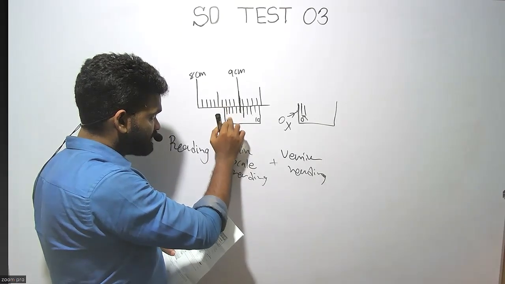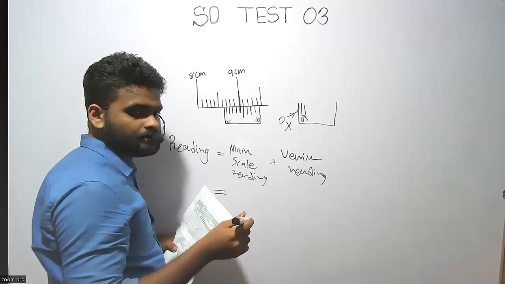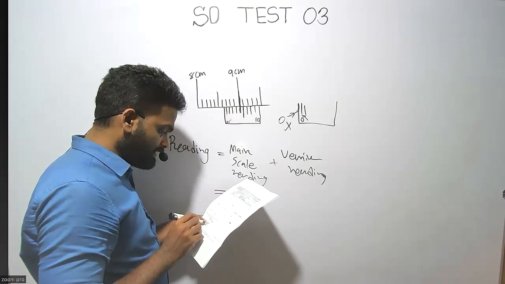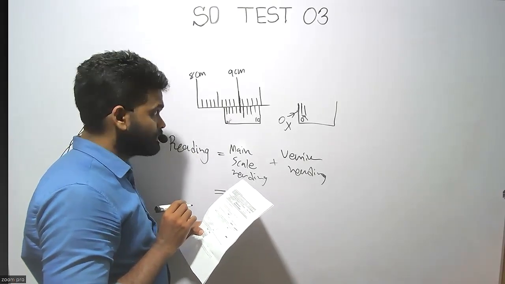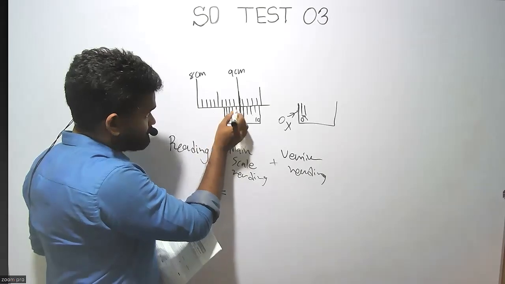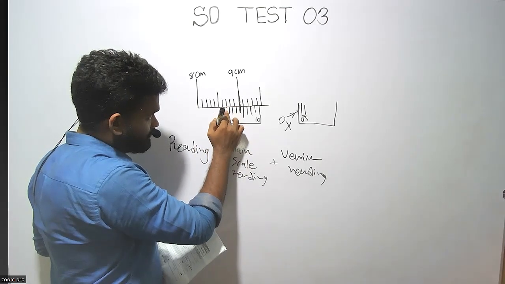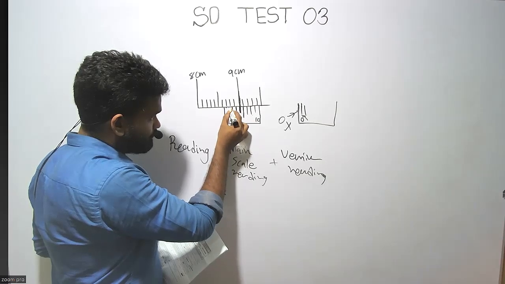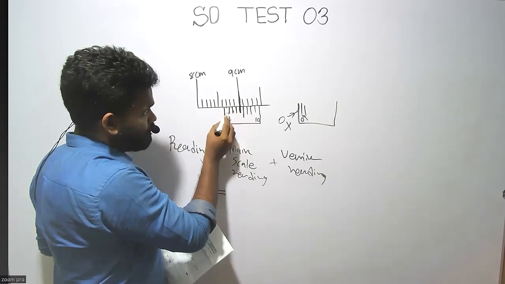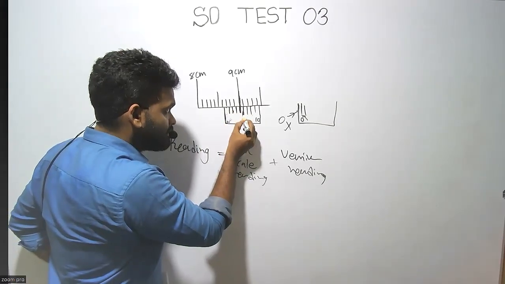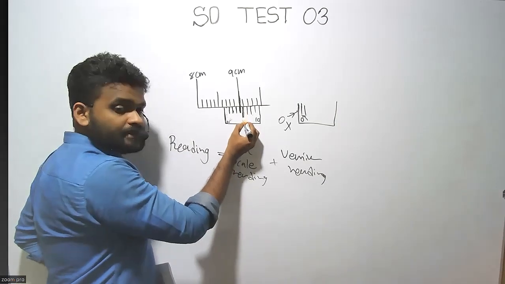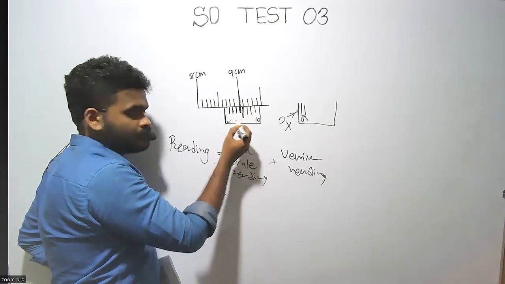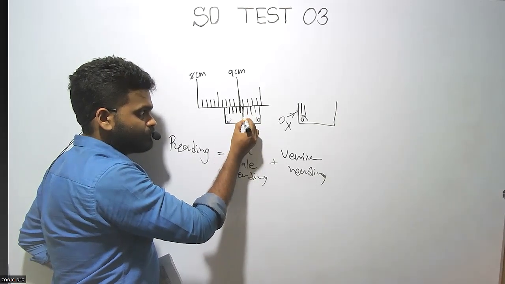When you mistakenly take it as 1 division, you get a different answer. In the image it is drawn clearly: 1, 2, 3, 4, 5. So this is the middle of the vernier scale, the fifth point.